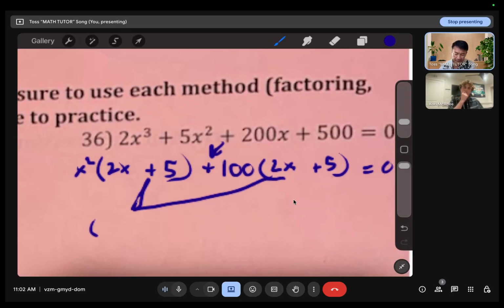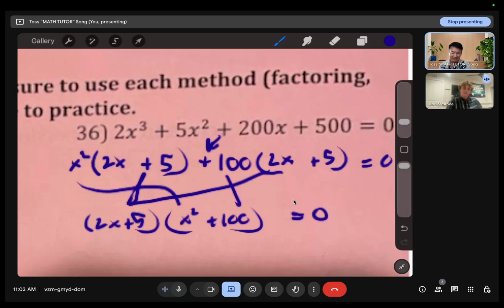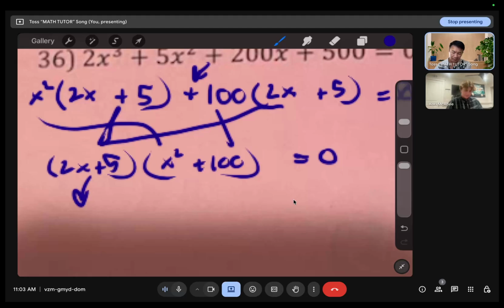And then this individual back here, plus 100, equal to 0. You probably like seeing this because now you're remembering the pattern. Yeah. And then set each one equal to 0. So this one, I think you're okay. x equals, subtract both sides by 5, divide both sides by 2. So it's -5/2. This one, let me write it because you have to be careful here. Equal to 0.